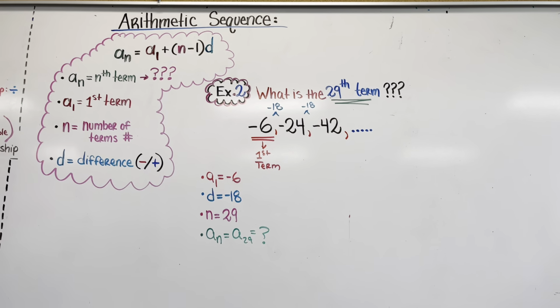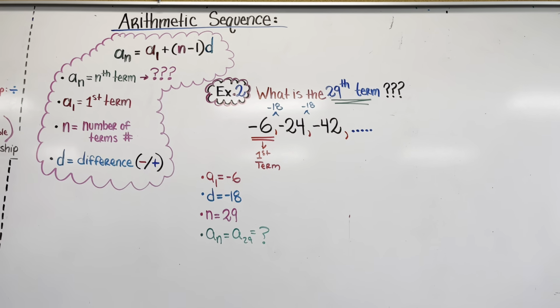What we're going to do is solve this particular problem. If I was you, I would make sure I have a calculator. All right, -6 comes down, so I still have a -6, plus 29 minus 1, which is 28. So plus 28 times -18.